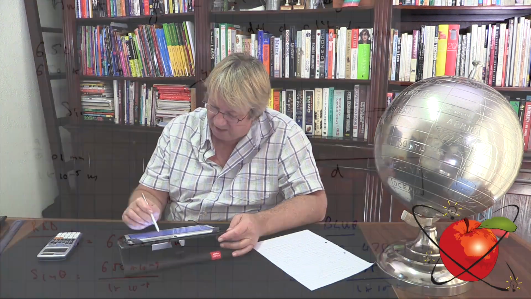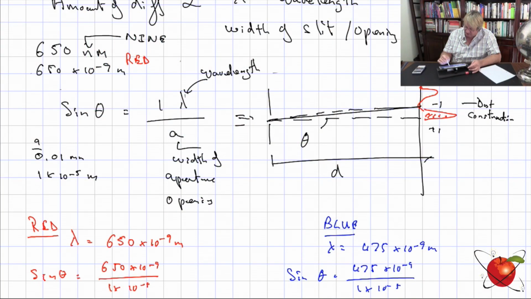Now, essentially what that's showing us is why we get a difference between the red and the blue light. It comes all the way back to this formula here, and I can use this one here.